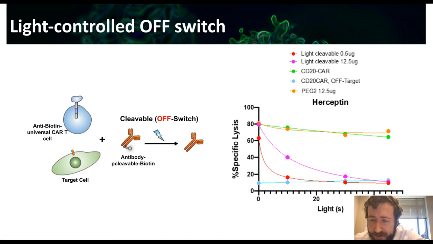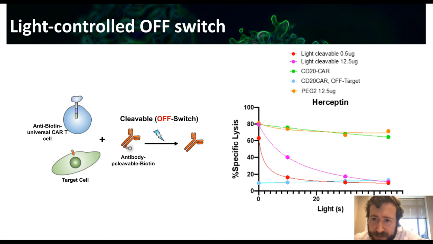And what you can see on the right is that if we had traditional CAR T cells in green and blue, if we applied them to tumor cells, they were unaffected by light stimulus. And if we also used an adapter that had an inert PEG-2 linker, which is our standard linker, in orange, it also was not affected by light.